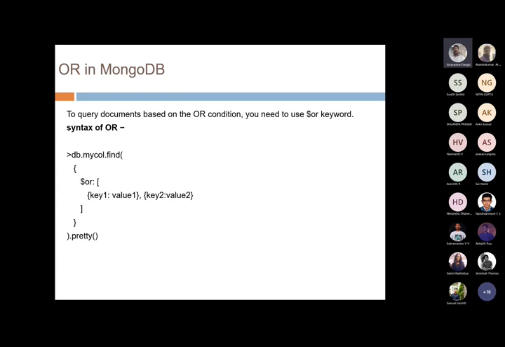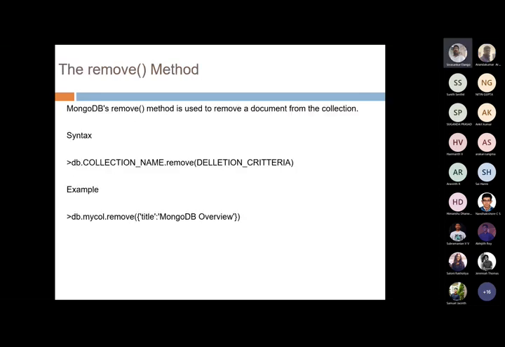It is used to retrieve the key value pairs based on any one of the conditions. Even if it meets only the key1 value1 pair, it will return the values. So this is how we work with retrieval commands or select commands in NoSQL databases.